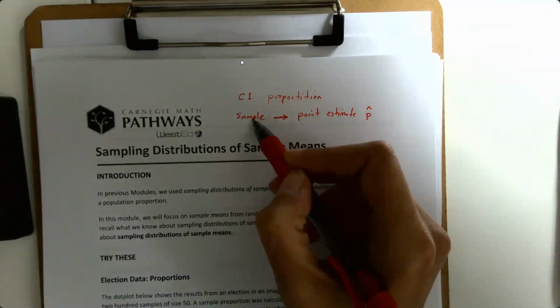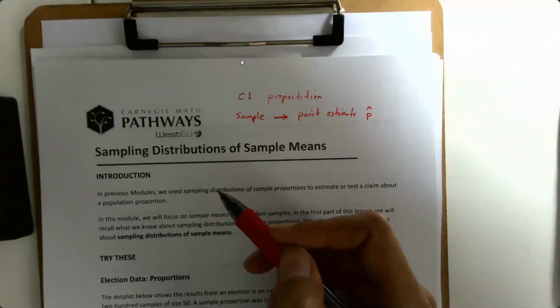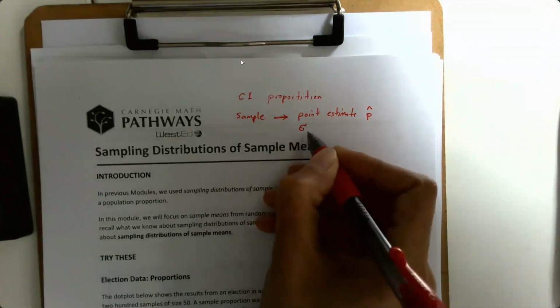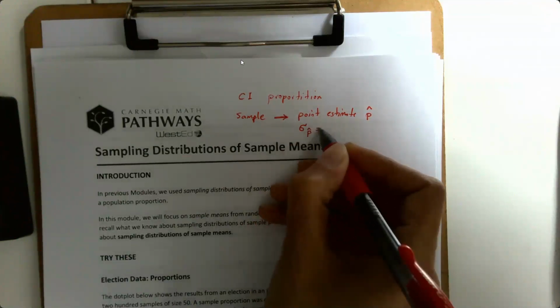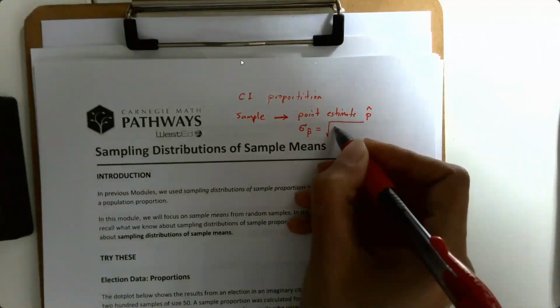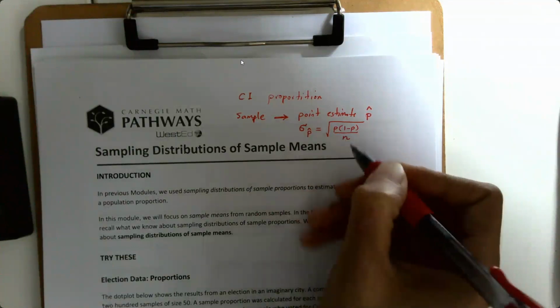Then we said to construct a confidence interval, we need to find the error, sigma sub p hat, which was equal to the square root of p times 1 minus p divided by n.